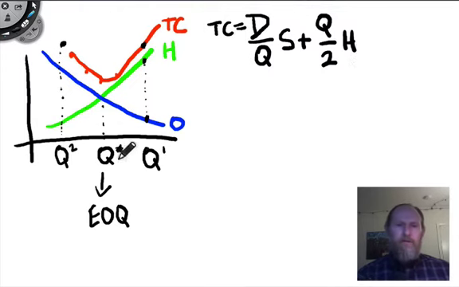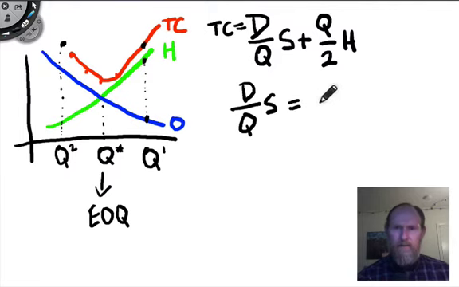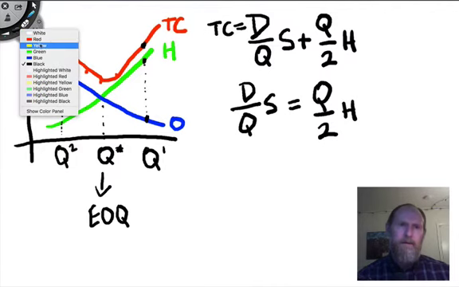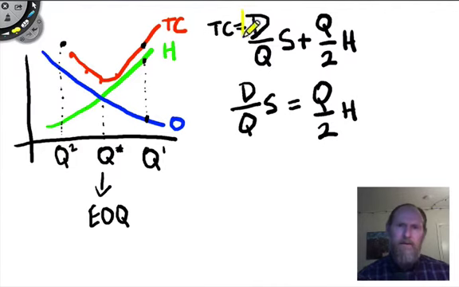At Q asterisk or EOQ, these two become equal. Okay? Then again, to back up just a step, this right here is equal to our annual setup or ordering costs.